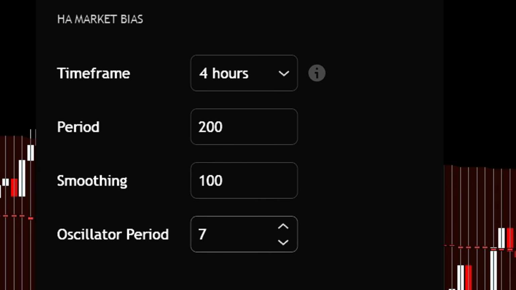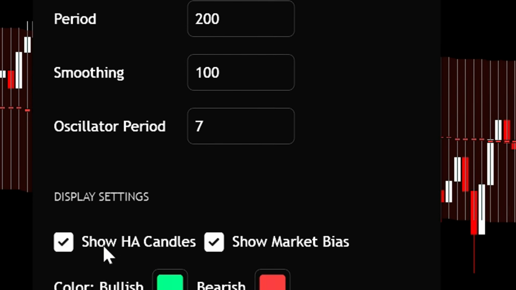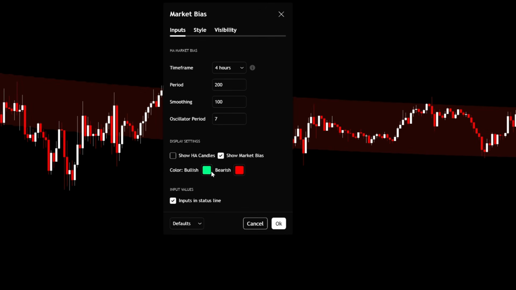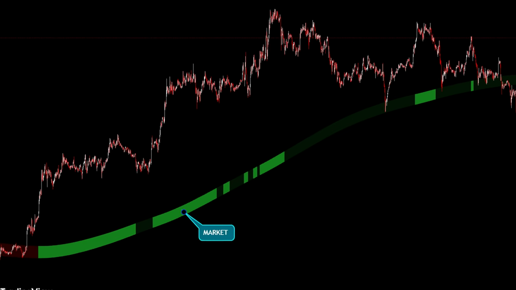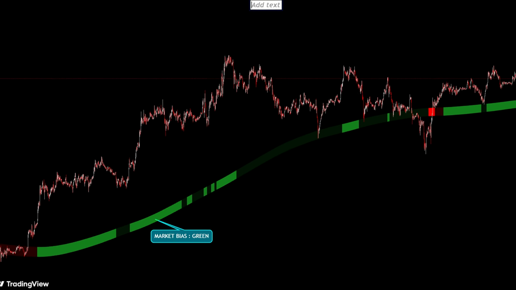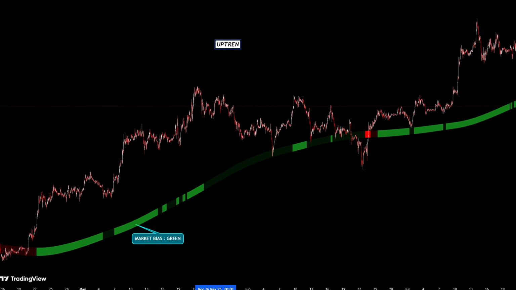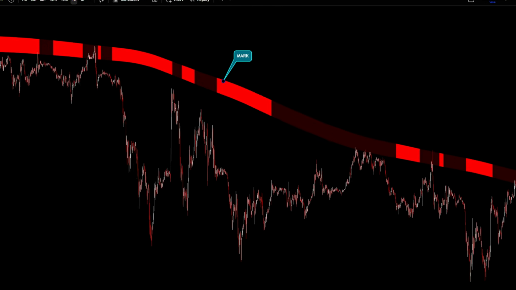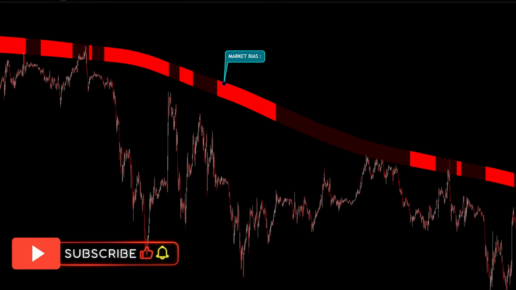Oscillator 7. Disable HA candles and nothing else changes. Green for uptrend. Red for downtrend. When combined with the FTS band, it filters fake signals.